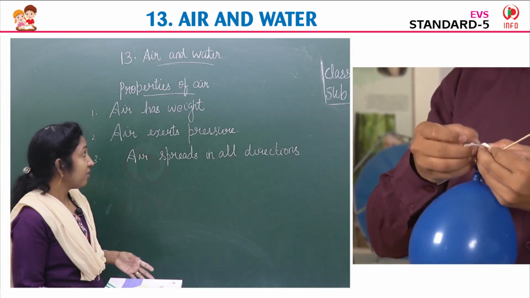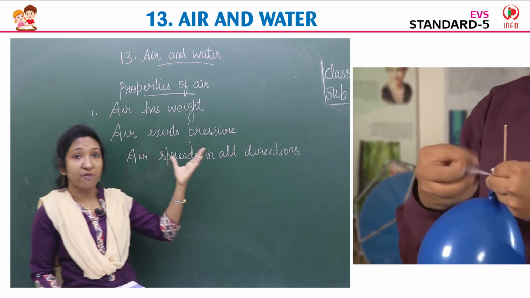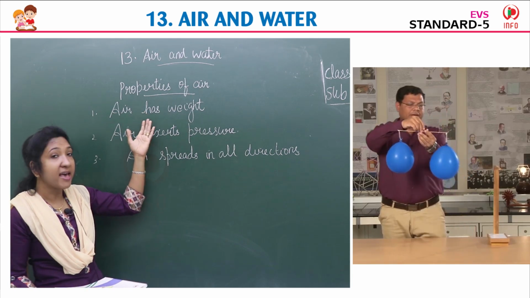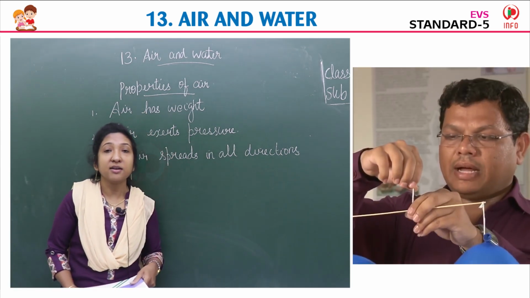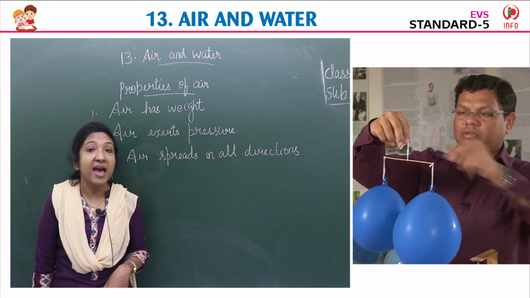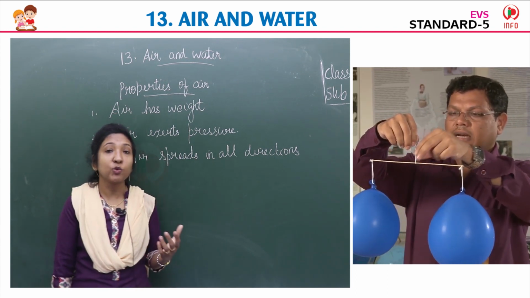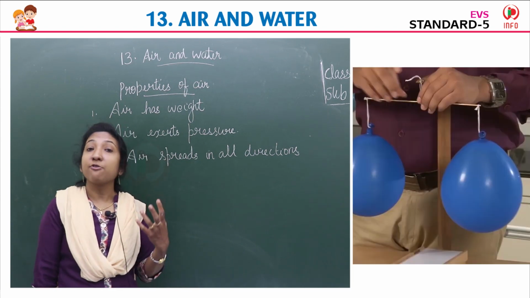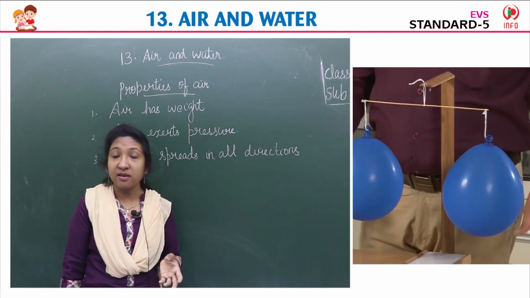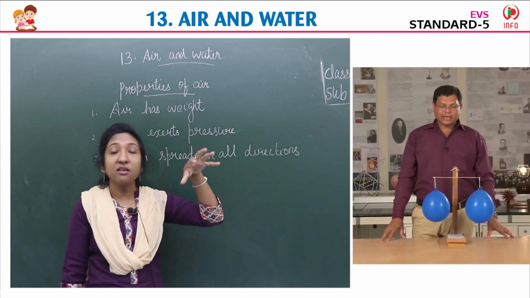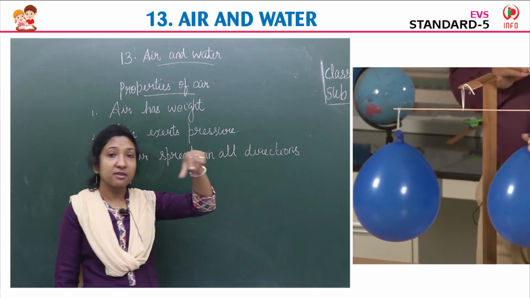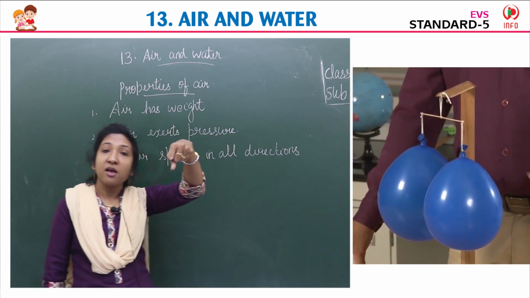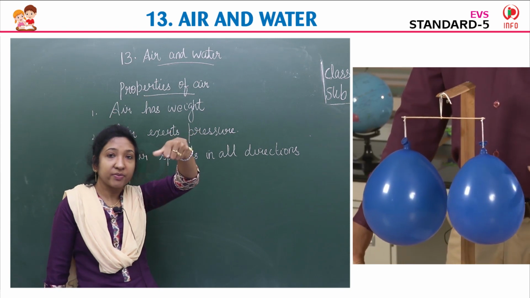Okay, children. So we are learning about the properties of air. We learned that air has weight. How do you prove that air has weight? Yes, by doing an experiment. If we take two balloons filled with air and a stick, and tie the two balloons at both ends of the stick, and using a thread you hold it, then the stick is balanced.